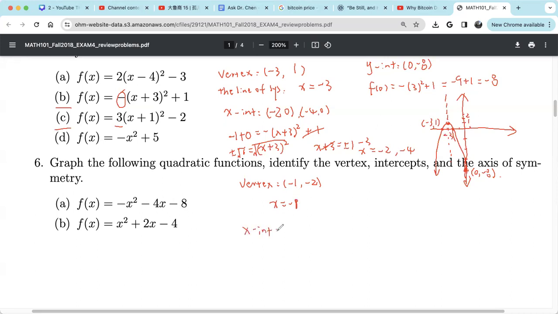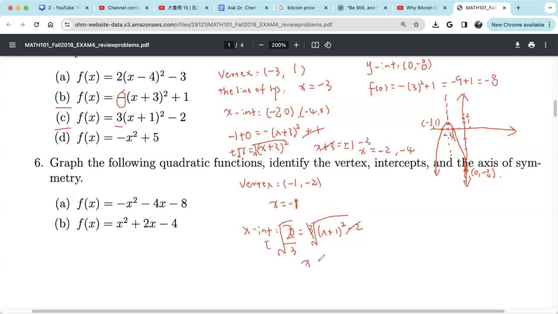For the x-intercept, we set the function value to be 0, so we have 0 equals 3 times (x plus 1) squared minus 2. We'll move -2 to the other side, so it becomes 0 plus 2, which is 2, divided by 3 on both sides. Then square root both sides.